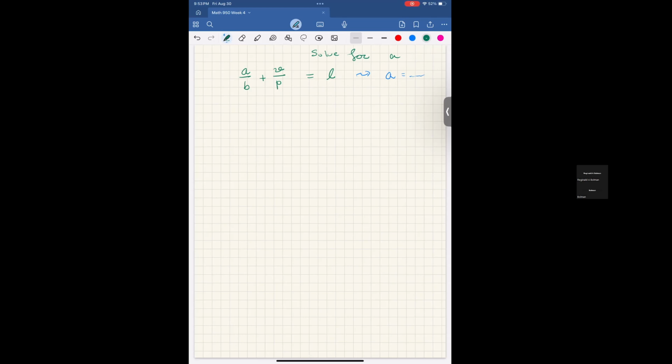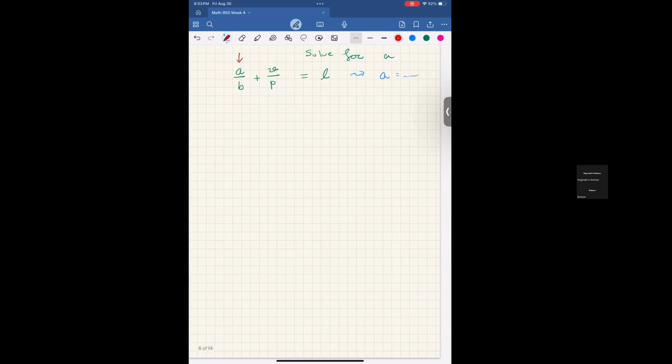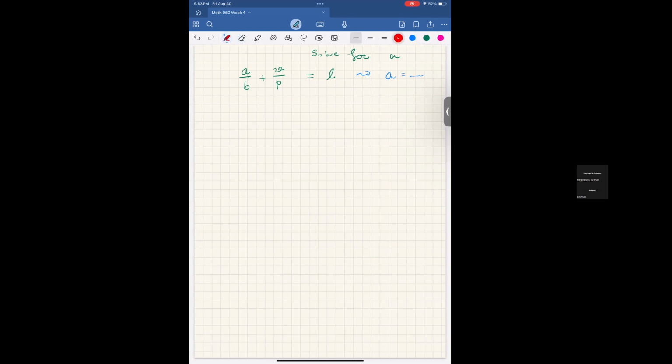So the thing is, we really don't necessarily need to focus on this A term, this A over B term, this first fraction. Instead, we should focus on the fact that there's an addition operation with this V over P term.